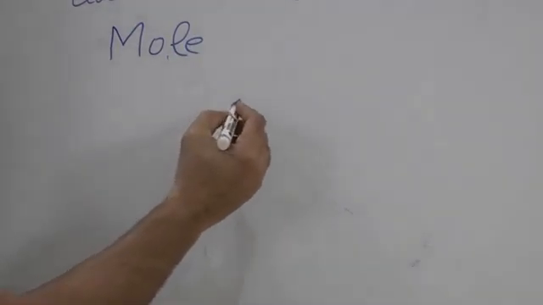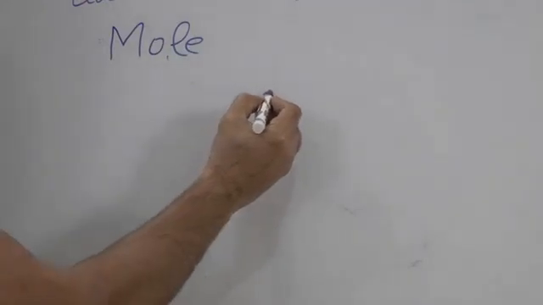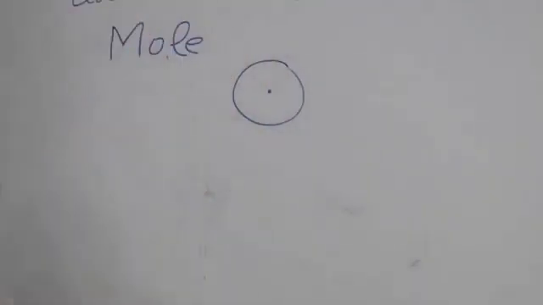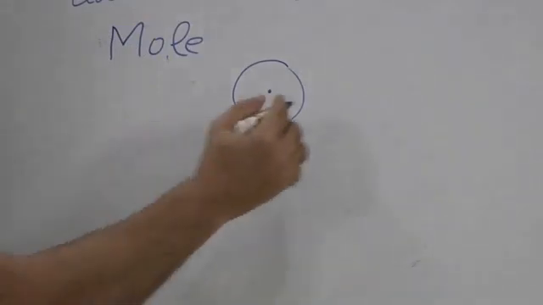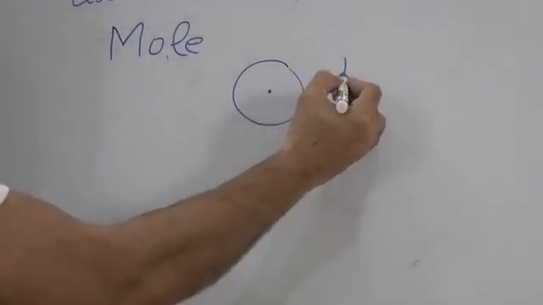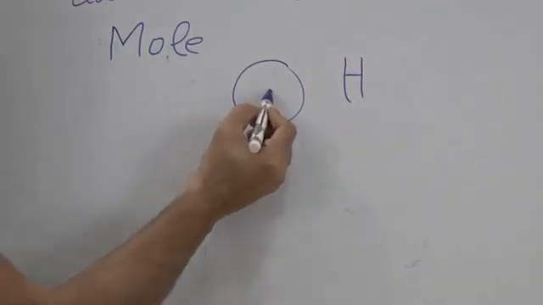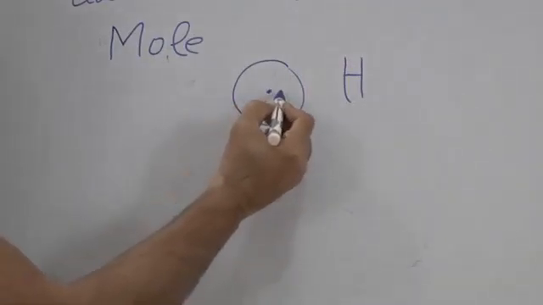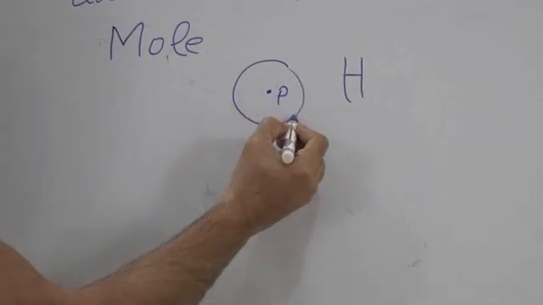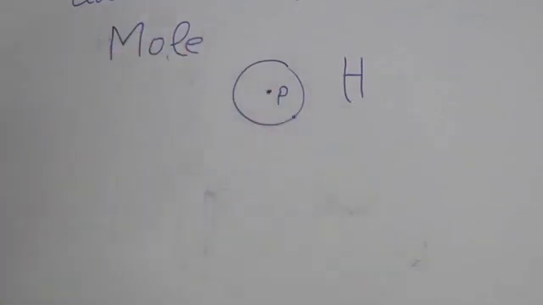You know that atoms are very light and small, and the lightest element is hydrogen. Its atom has one proton and one electron only, so it is obviously the lightest atom.